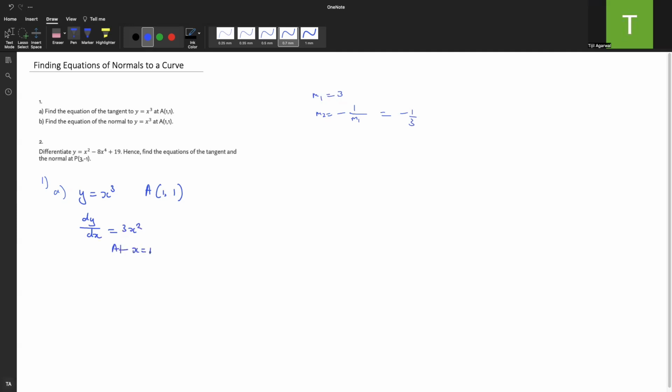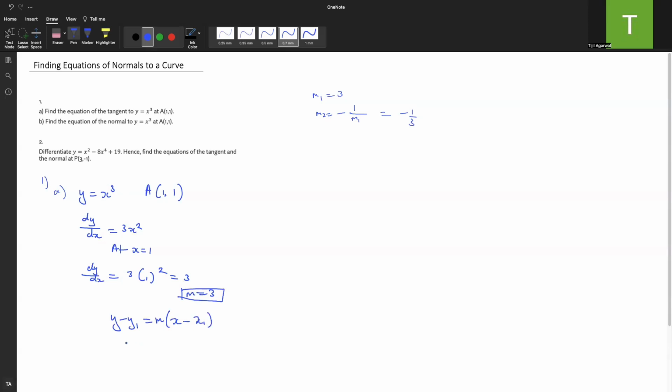So when x is equal to 1, our dy over dx is equal to 3 times 1 squared, which is equal to 3. So that's our gradient, and we've got our two points. Now again, using the point-gradient formula, we can find our equation of the tangent.